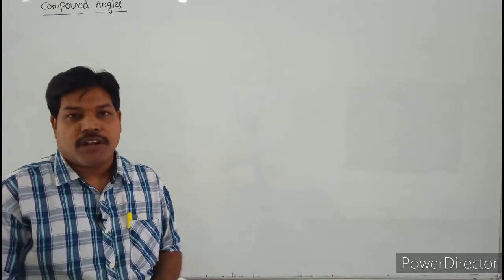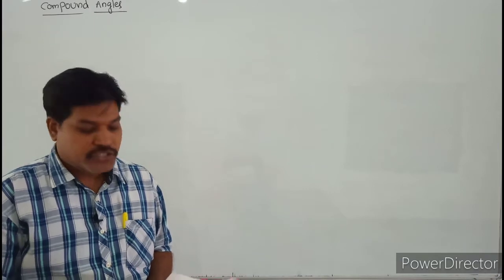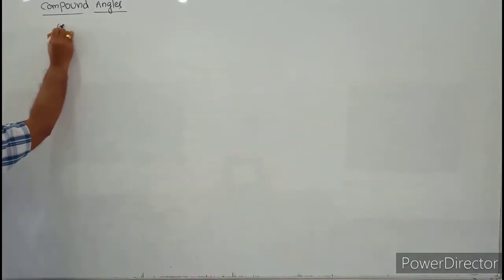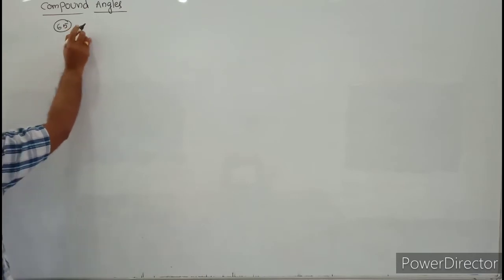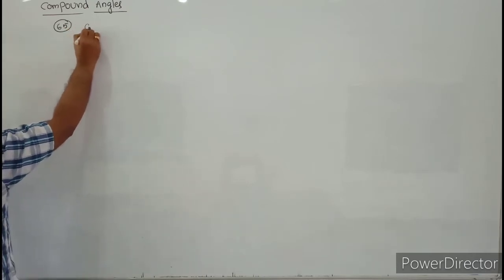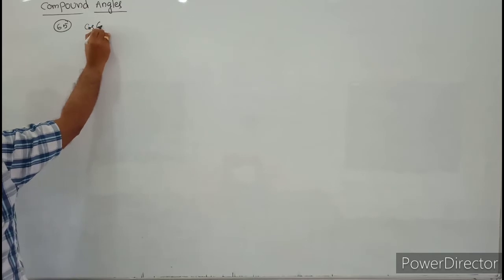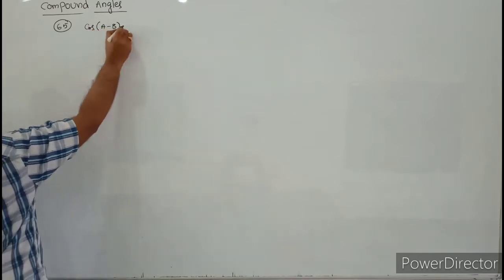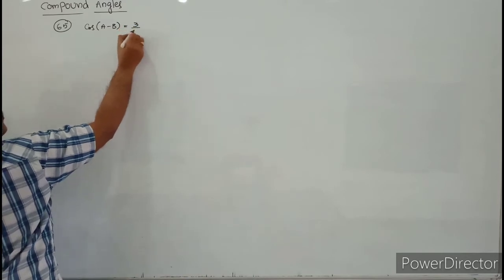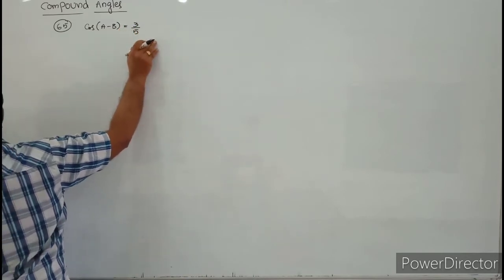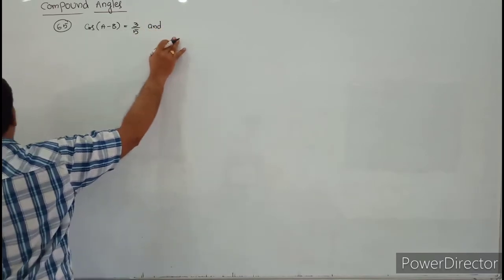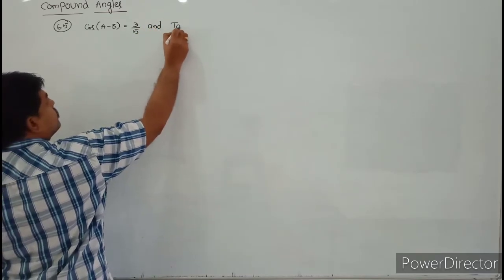See the question number 65. So what is question number 65? cos of A minus B is equal to 3 by 5 and tan A into tan B is equal to 2.